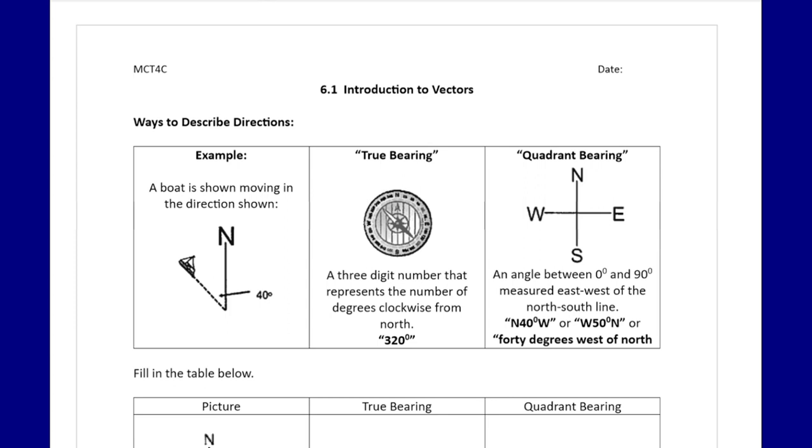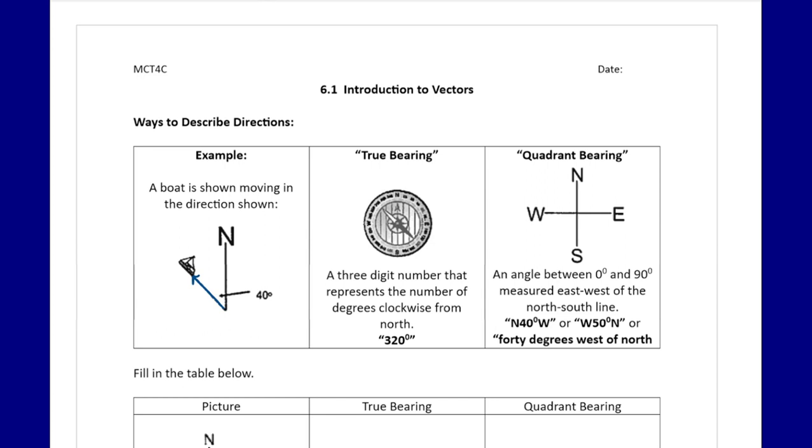So vectors are basically, we will talk about the components and what makes up a vector, but they do include directions, and there's ways we can describe the directions. So if we have a visual, a boat is shown moving in a direction. We can see north and we can see the angle.